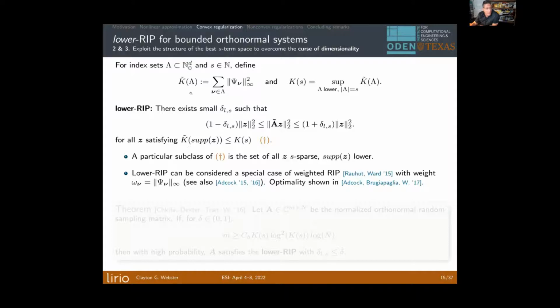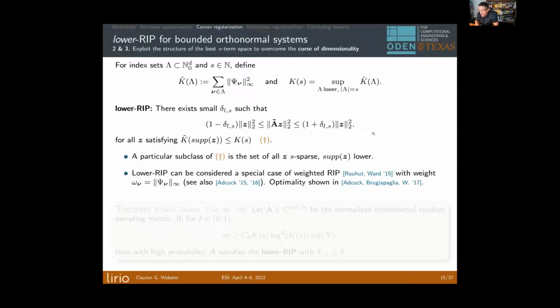In other words, if I take the sum of the basis functions in L infinity, I'll call that K tilde. I want K tilde of the sup of those vectors to be bounded by this term K of S, which is nothing more than the sup of K tilde, where I've enforced the fact that lambda is lower with cardinality S.